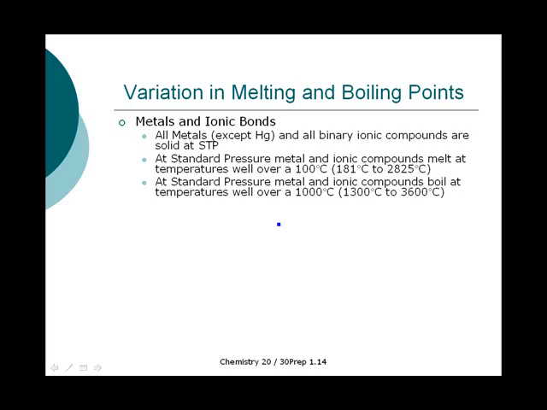So very, very hot temperatures to break metallic bonds and ionic bonds. And so that's the message you want to be taking from this, that metallic and ionic bonds are strong bonds.